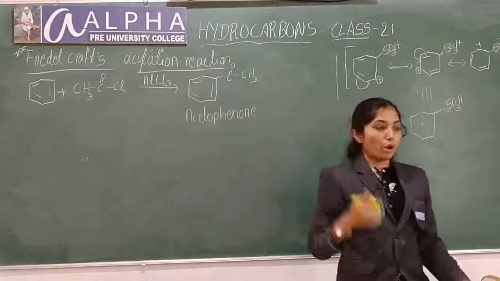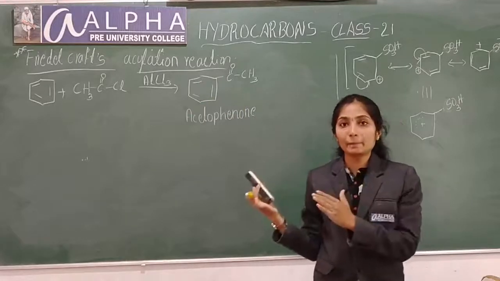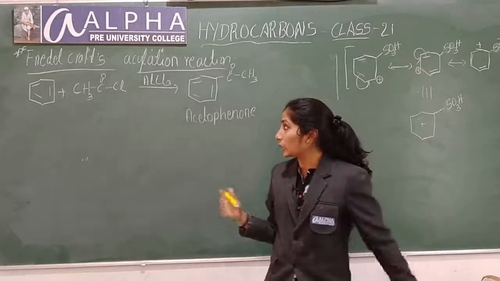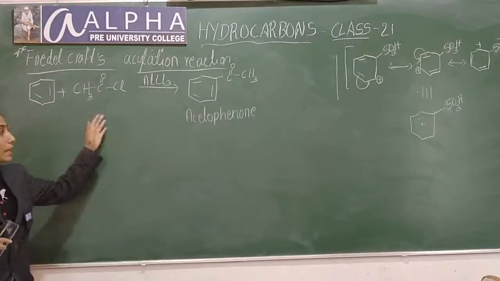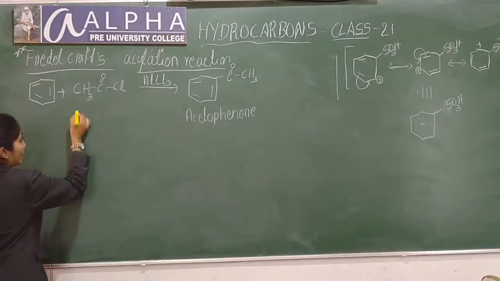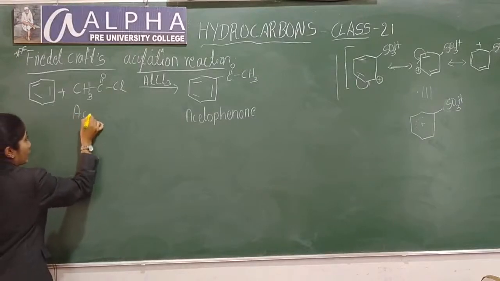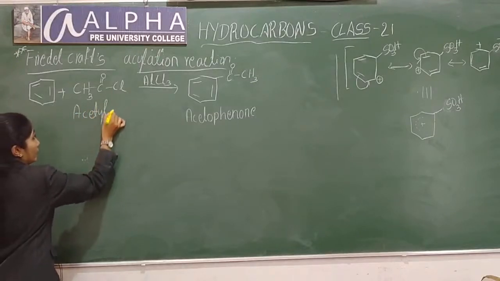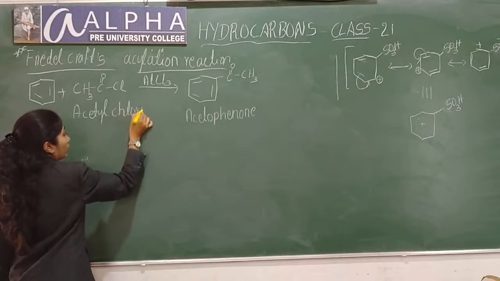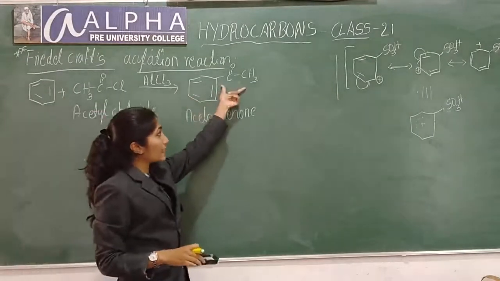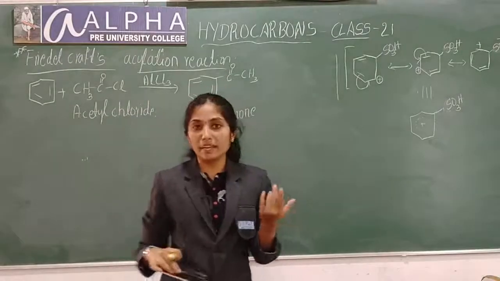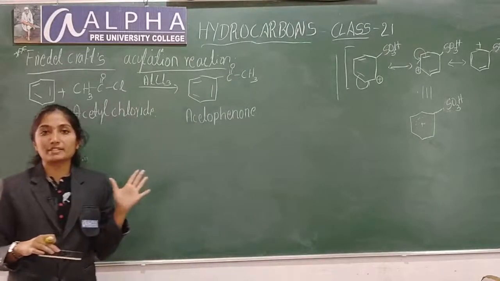Acetophenone will be formed, and here we are treating benzene with acetyl chloride, which is an acid chloride. So acetophenone, that is the acyl substituted benzene, will be formed.